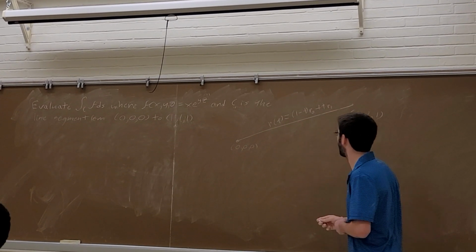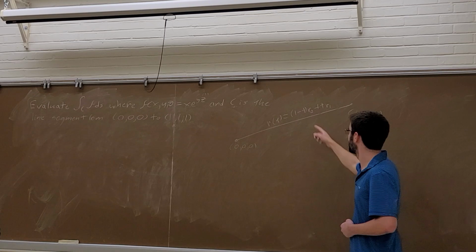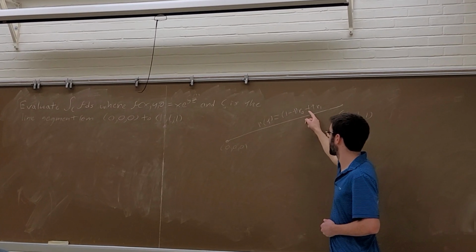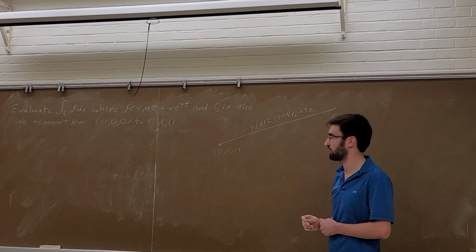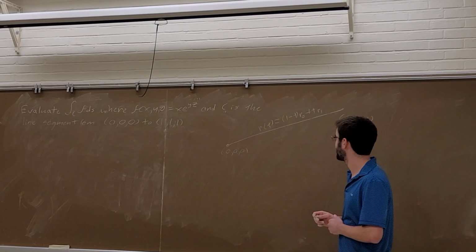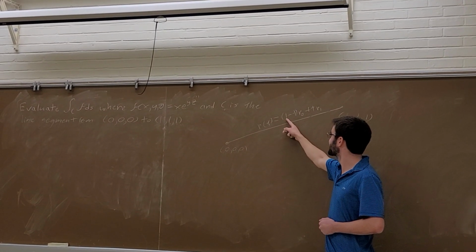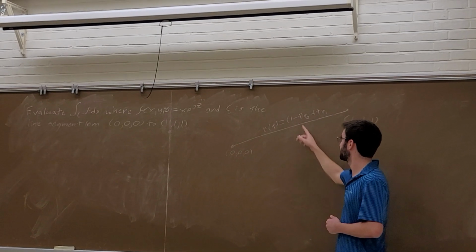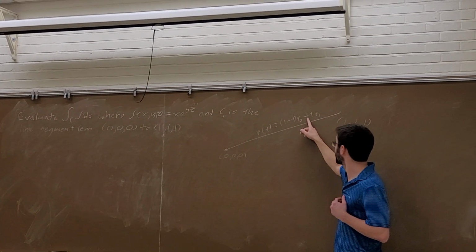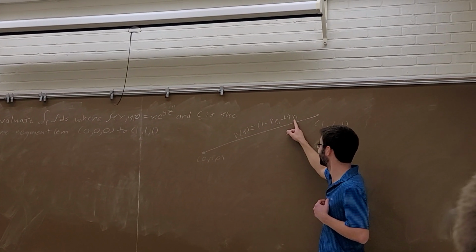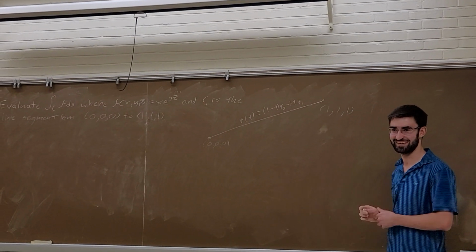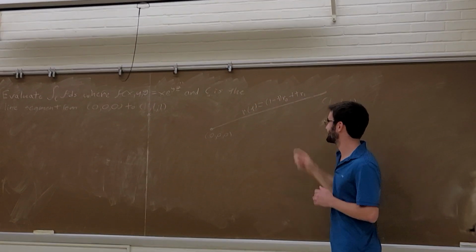If you plug in t equals 0, you get 1 minus 0 times r0 plus nothing times r1, so you get r0. If you plug in t equals 1, you get 1 minus 1, which is 0, times r0, so it gets killed, plus 1 times r1. So you get r1.